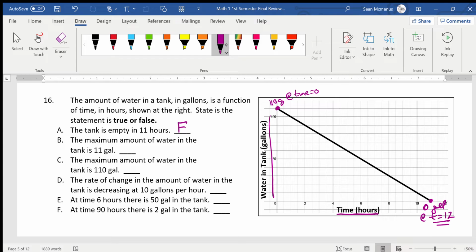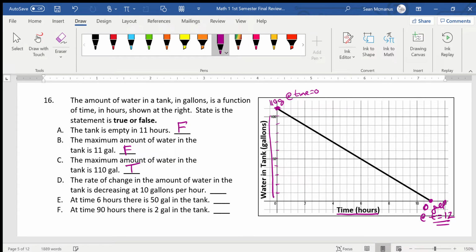But anyway, that's false anyway, because up here, the maximum amount of water in the tank is 110. So I think what that's trying to get you to do is not just count the boxes. If I just counted the boxes, 1, 2, 3, 4, 5, 6, 7, 8, 9, 10, 11, you have to actually look at the scale. It's 110. So maximum is 11 gallons, that's false. The maximum amount of water in the tank is 110 gallons.